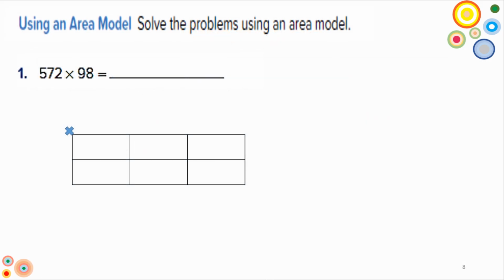Using an area model, solve the problems using an area model. Number 1, 572 times 98. As we know, decompose each one and write the value of each digit. 570 and 2. And decompose 98, it will be 90 and 8.